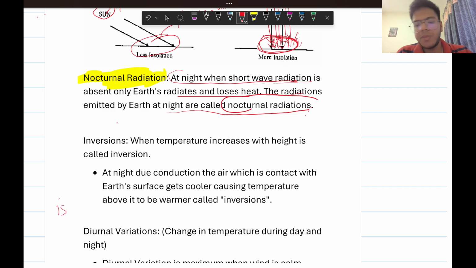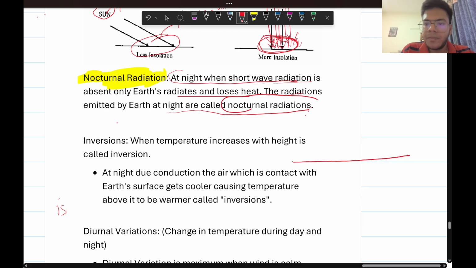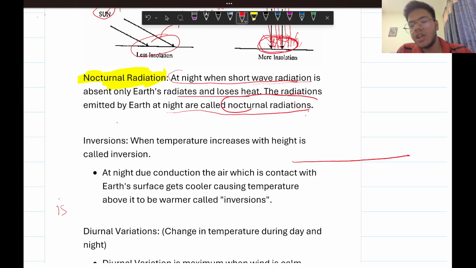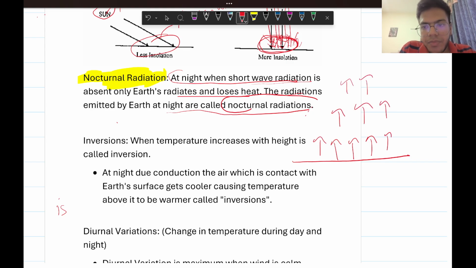At night, what happens, guys? We know there is no sun, so there are no solar radiations coming from the sun. Okay, so Earth emits only these nocturnal radiations at night. So by the time Earth starts losing its heat, the surface of Earth starts losing heat.